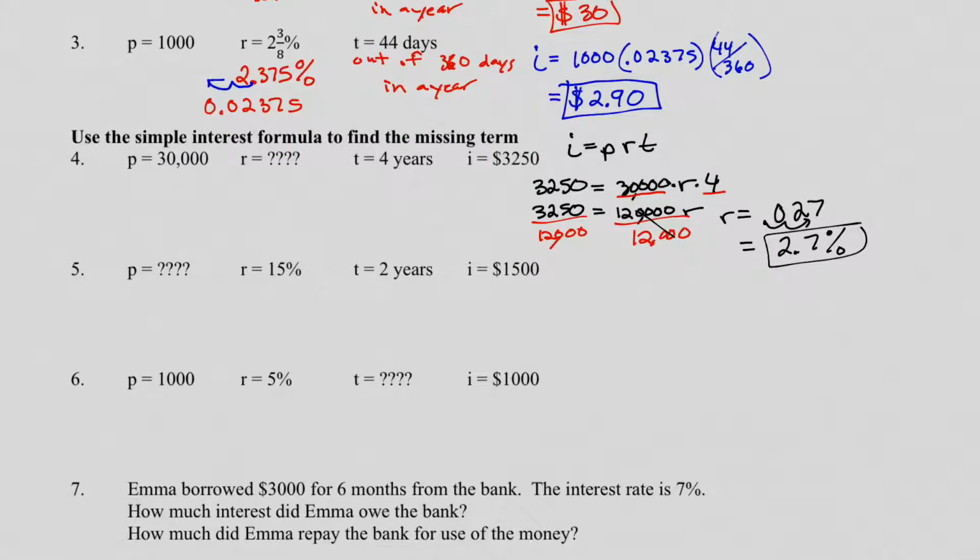Okay, number 5, we have the interest charge for the loan. We don't have the principal. We have the rate, and we have the time. So we want to go ahead and simplify those two.